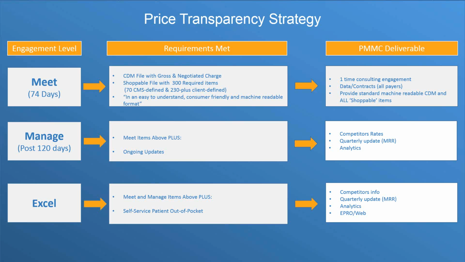The first step is to just meet the baseline requirement. And we've got about 70 some odd days left, so we're going to have to go through a process in a very deliberate way to create the 2 files that are needed, the CDM file and the shoppable file, and have that data available for clients to post to their website. And that's just to meet the mandate.